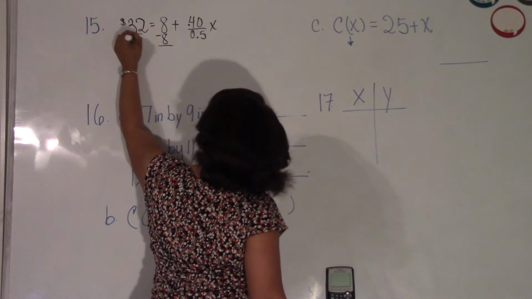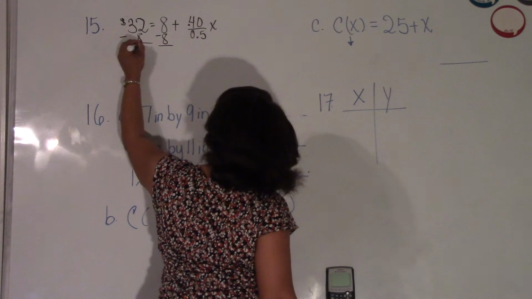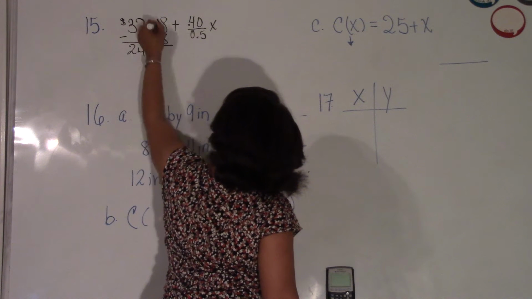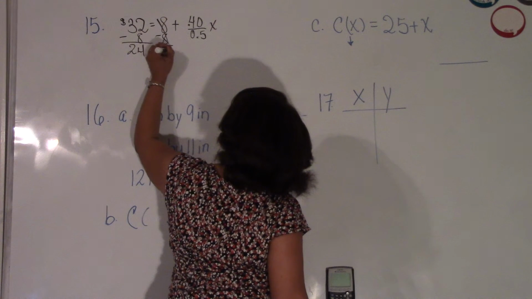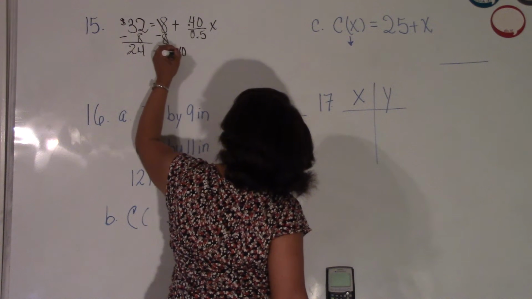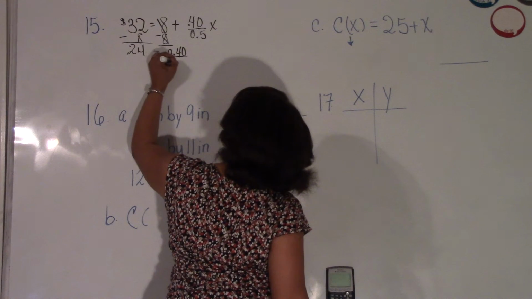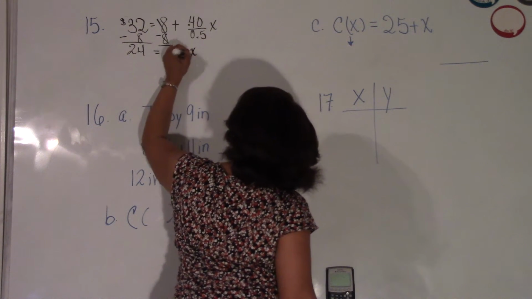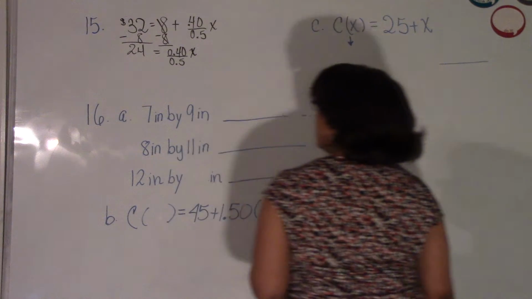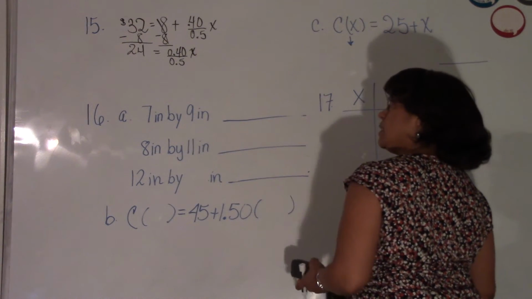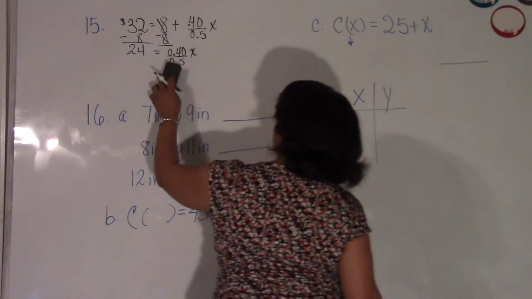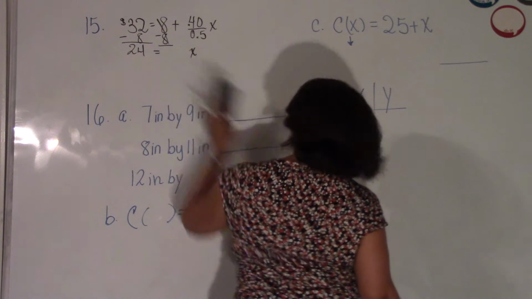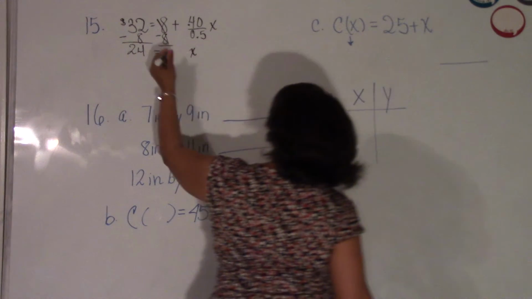So we subtract 8 from both sides of our equation, and we get 24 is equal to 0.40 divided by 0.5 x. Now if you want to go ahead and do your division, 0.40 divided by 0.5 is 0.8.